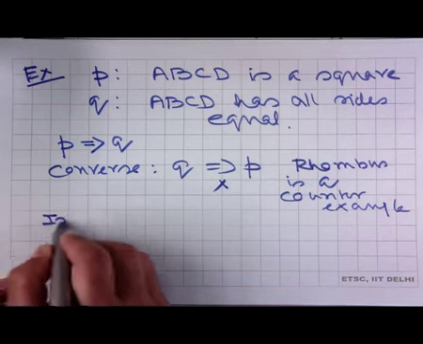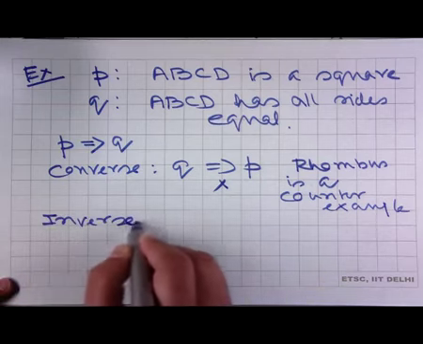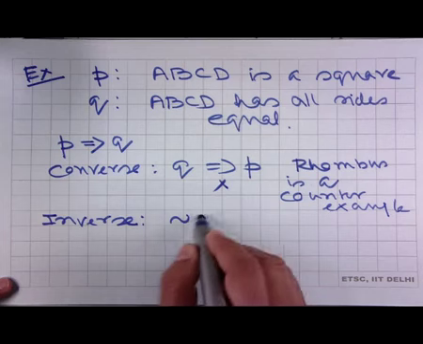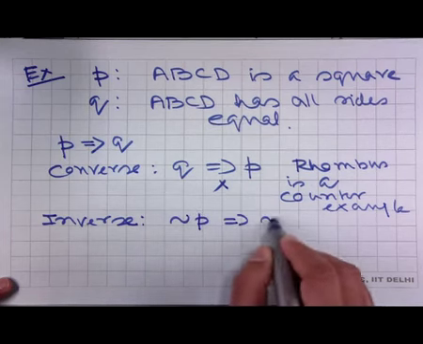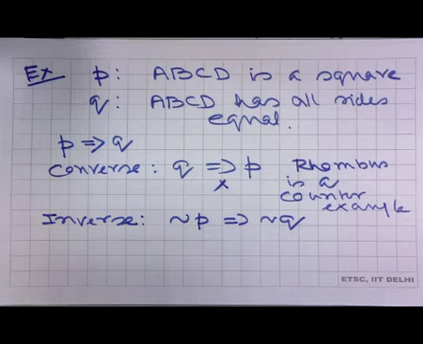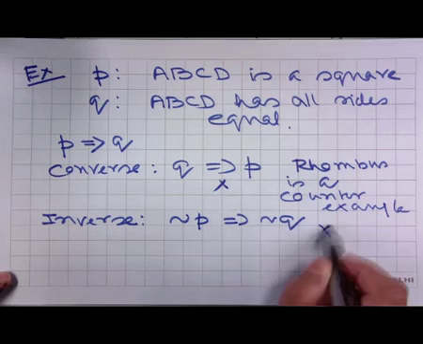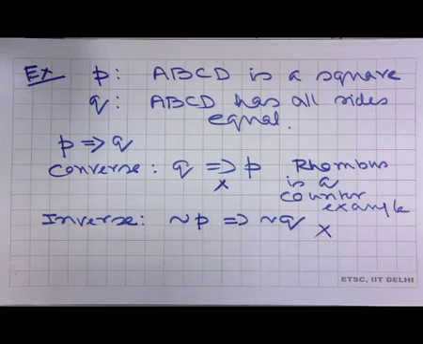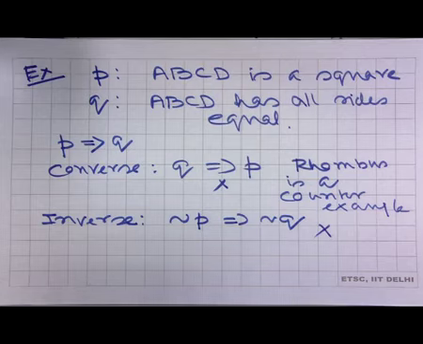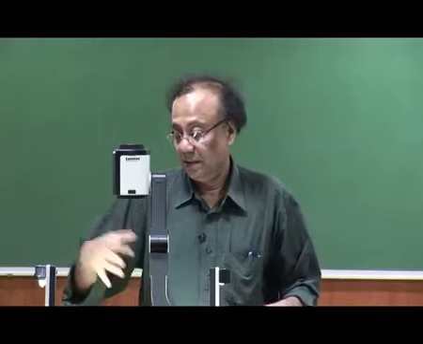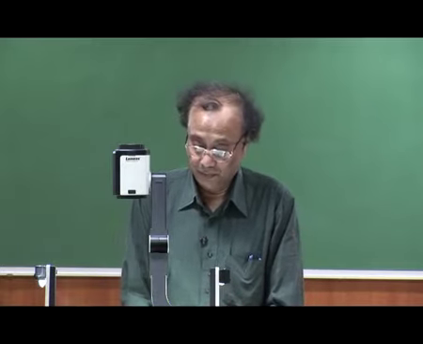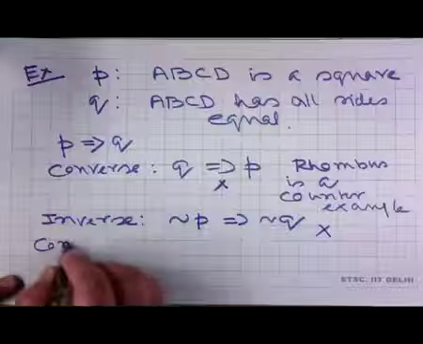Inverse: not P implies not Q. If ABCD is not a square, it implies ABCD does not have all sides equal. Again, that is not correct because of the same rhombus. A rhombus is not a square, but it does not imply that it does not have all sides equal. But again, what is the contrapositive?